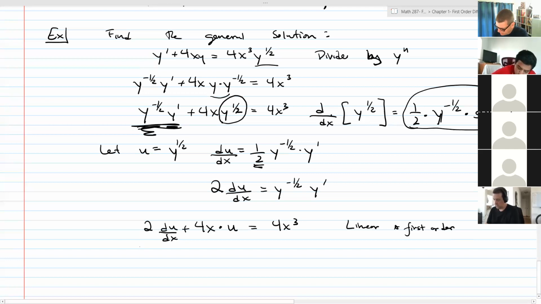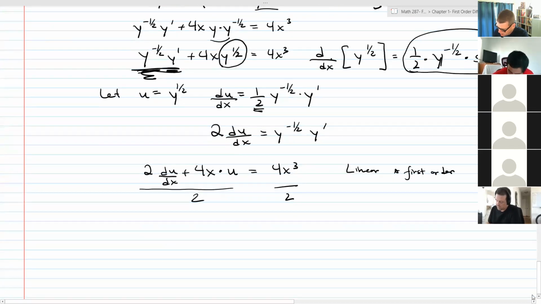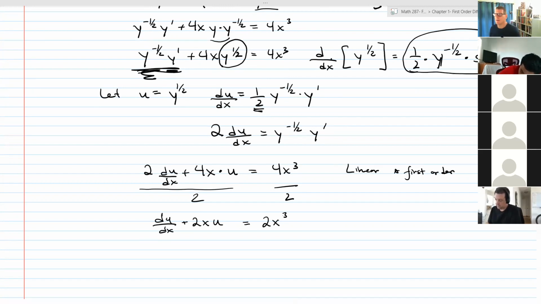We'll divide through by 2. So we get du/dx plus 2xu equals 2x cubed. So that gives us p of x equals 2x.